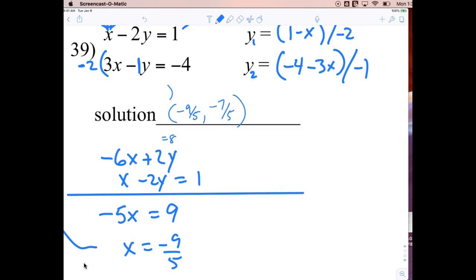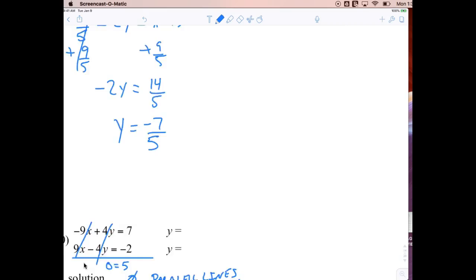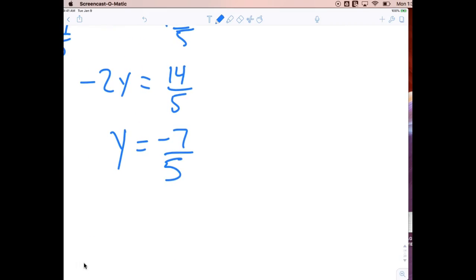Now, everybody type that in. How do you get negative 7/5? 14 divided by 2 is 7. Look right here, this is what I'm dividing by.